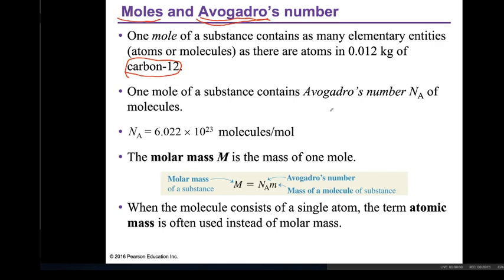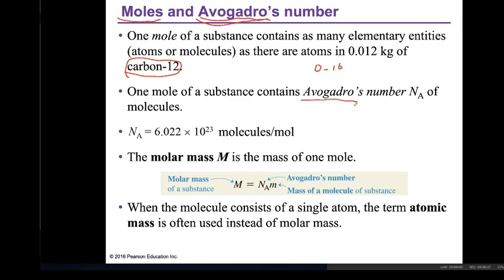This number is defined as Avogadro's number. So because this many carbon-12 atoms weigh 12 grams, this many oxygen atoms, let's say 16, should weigh 16 grams.